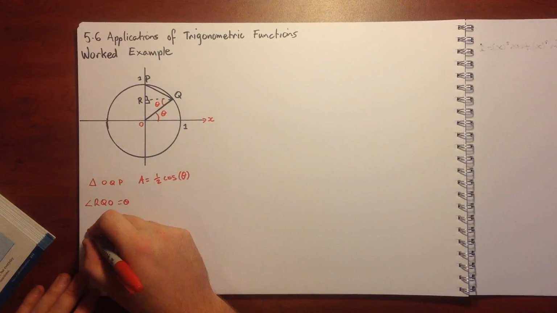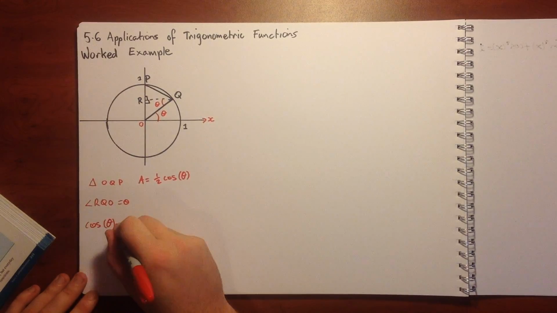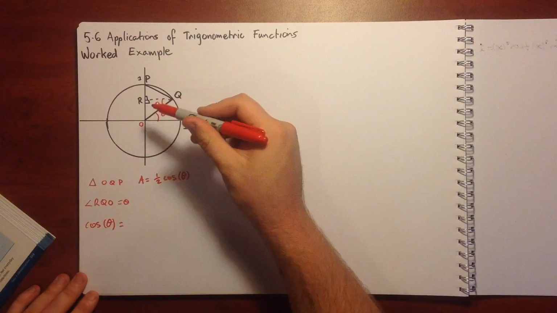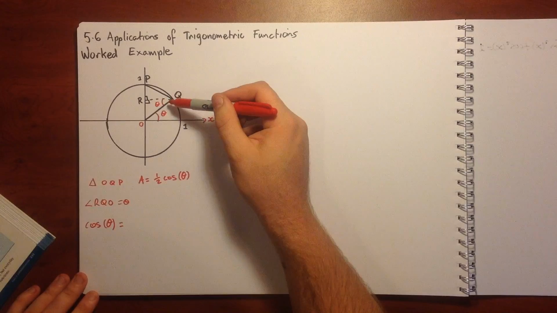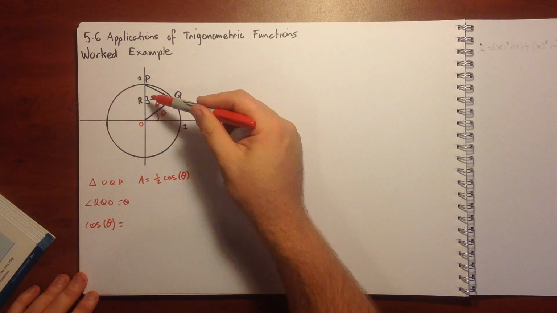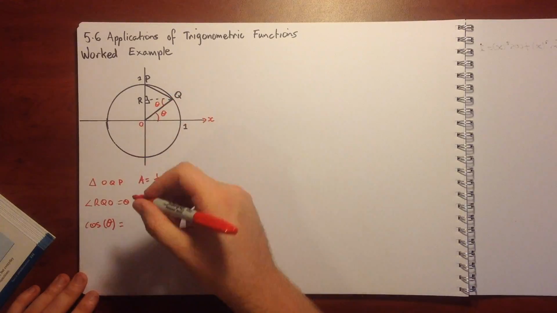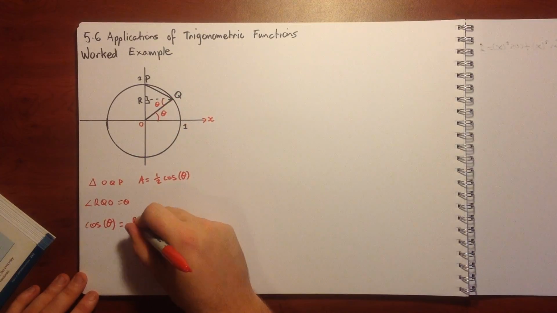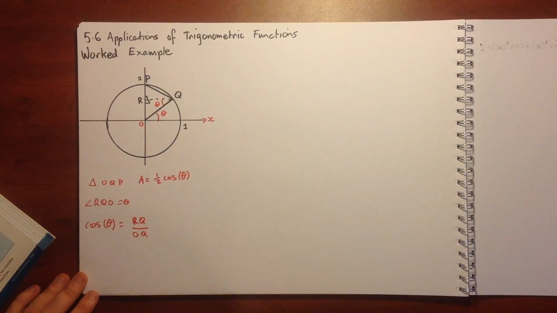So that means that cos of theta is going to equal our RQ over our OQ, just because cos is adjacent over hypotenuse, so it's the line RQ over OQ.